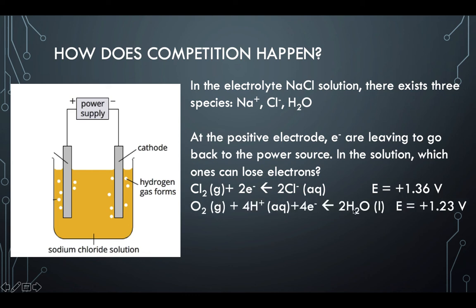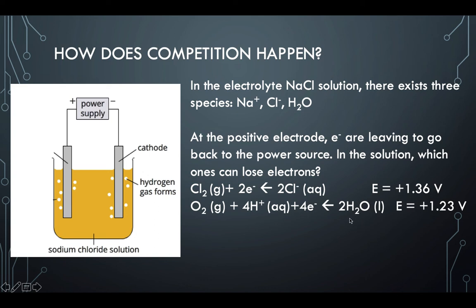But at the same time, water can also lose electrons to produce oxygen gas. And water's oxidation reaction has a lower E value as compared to chloride. Remember, we said if you are going to go through oxidation, you have to find the stronger reductant. The bottom right is the stronger reductant.